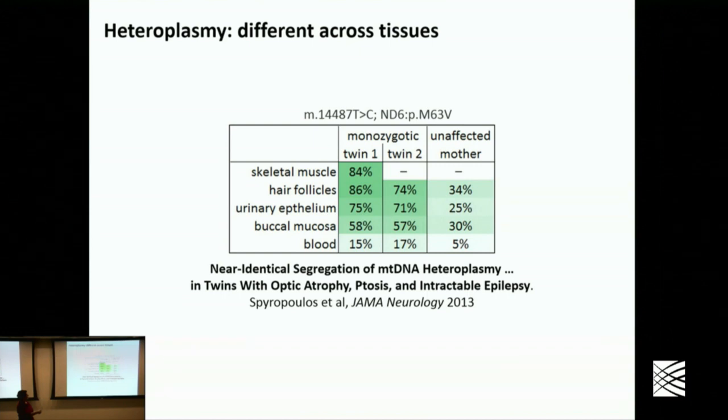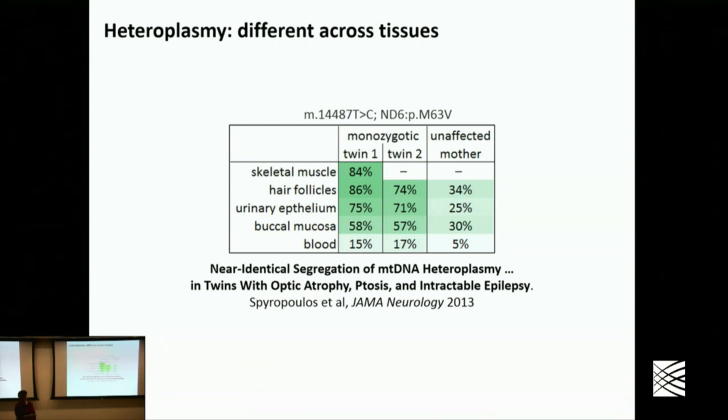The unaffected mom has this deleterious allele at different heteroplasmy levels across different tissues, 5% in the blood, 25% in the epithelium. Then they looked at the monozygotic twins. They had very similar heteroplasmies to each other in the different tissues. This has now been replicated in another study with another set of monozygotic twins with a different mutation.